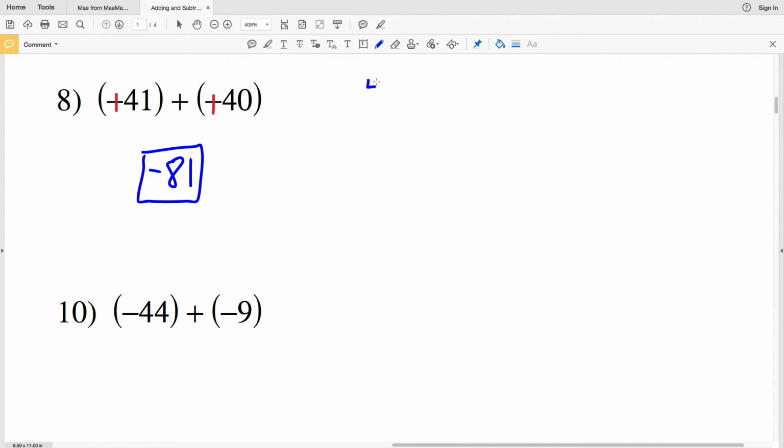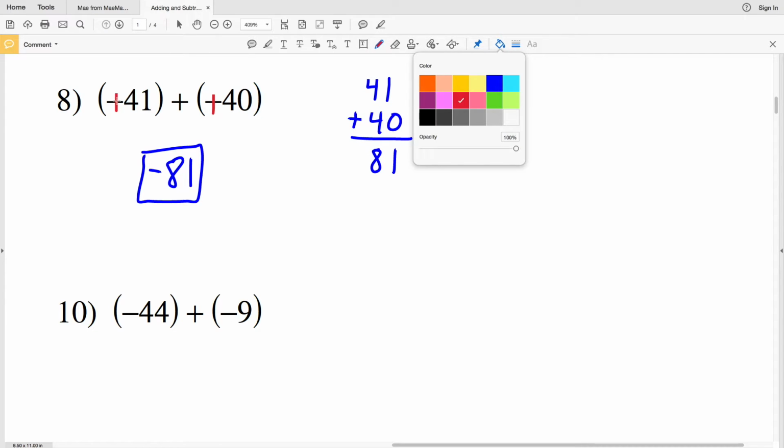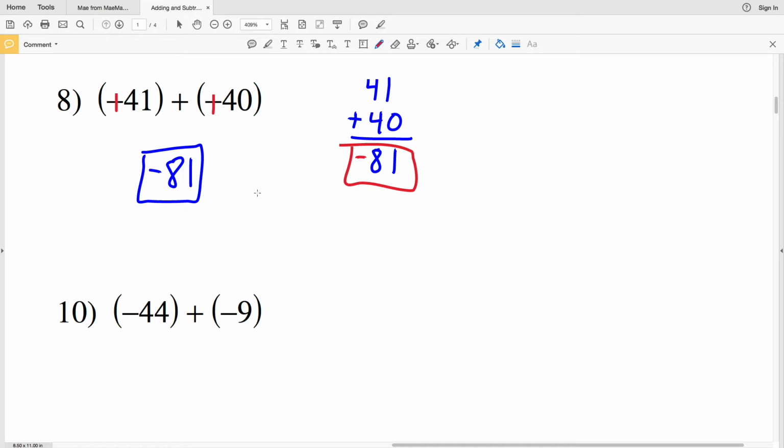So you're going to have 41 plus 40, which will give you a positive 81. But remember, since we switched the signs in the expression, we also have to switch the sign in the answer. So negative 81. Most of the time, I wind up using this method in my head, but always remembering to switch it back at the end.